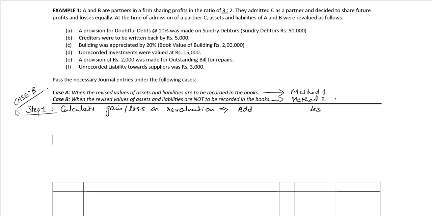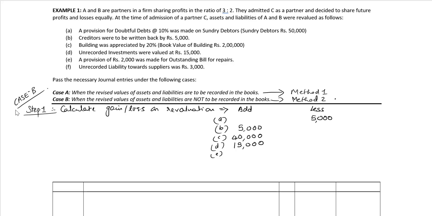The things which we need to add and the things which we need to less. Point A results in decrease in sundry debtors. So for A, it is under less, 5,000 rupees. For B, it's a decrease in a liability. I'll write it under add. C, there's an increase in the value of building. I'll write it under add. D, unrecorded asset of rupees 15,000.